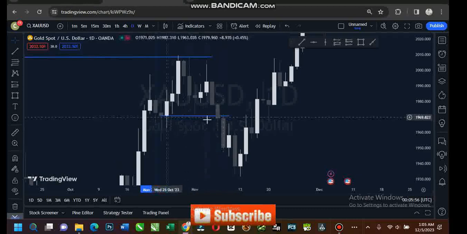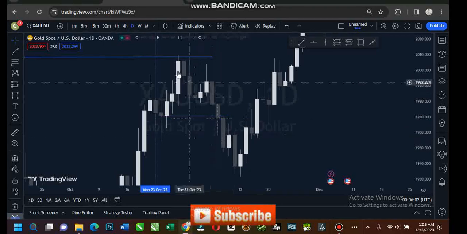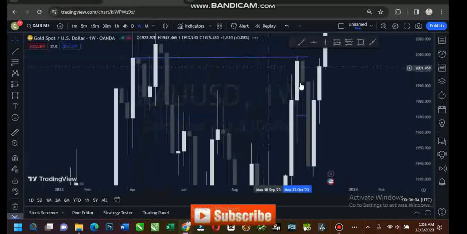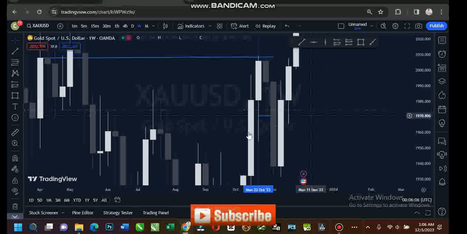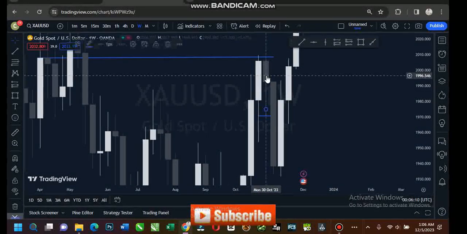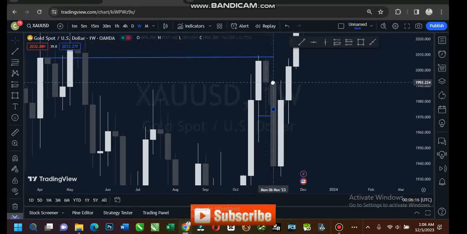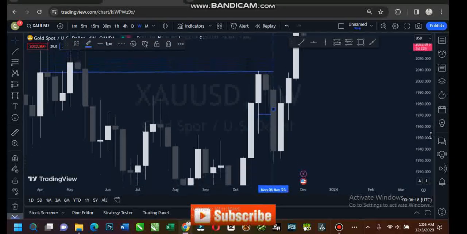If you look at it here, the daily reacted from here and sold down. If you look at this week right here, this week closed at this point where this line is, the week was on a bullish storyline here. Then on this next week, the weekly changed into a bearish storyline.